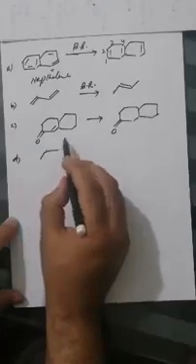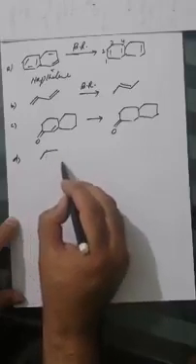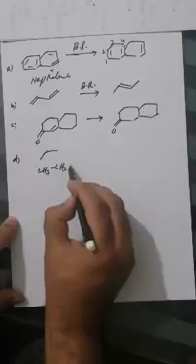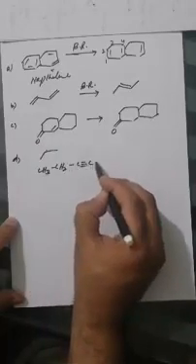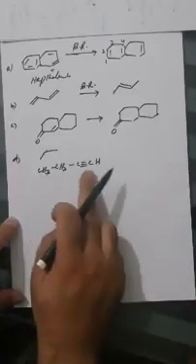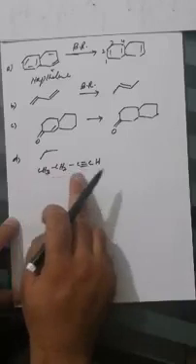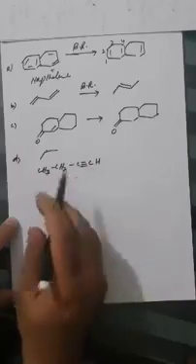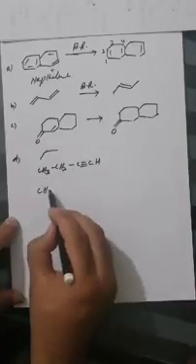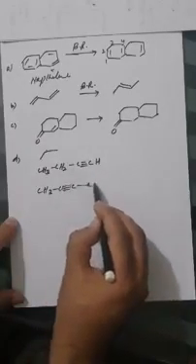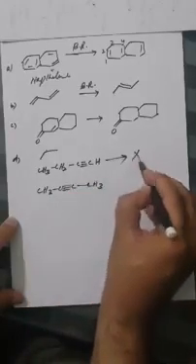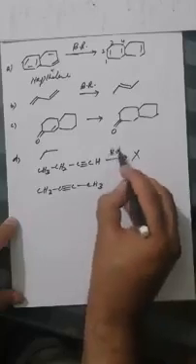I should rather draw alkynes like this. This is a terminal alkyne because the triple bond is present at the terminal carbon. This is an internal alkyne. Terminal alkynes don't undergo the Birch reduction, no reaction occurs.